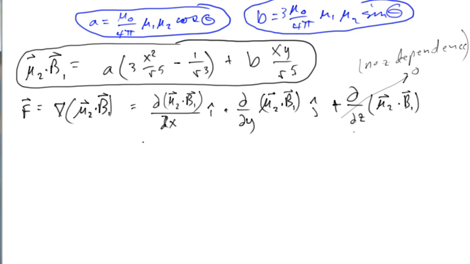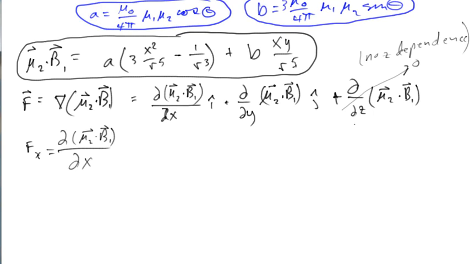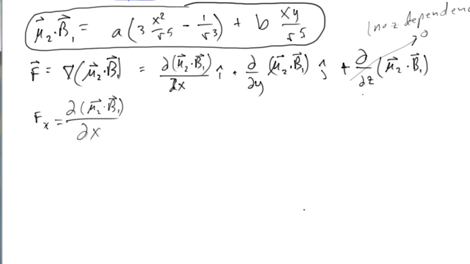So f sub x is the little piece that's multiplying the i hat, so that's the partial derivative of this dot product with respect to x, keeping y and z constant. So let's go ahead and do that f x then.